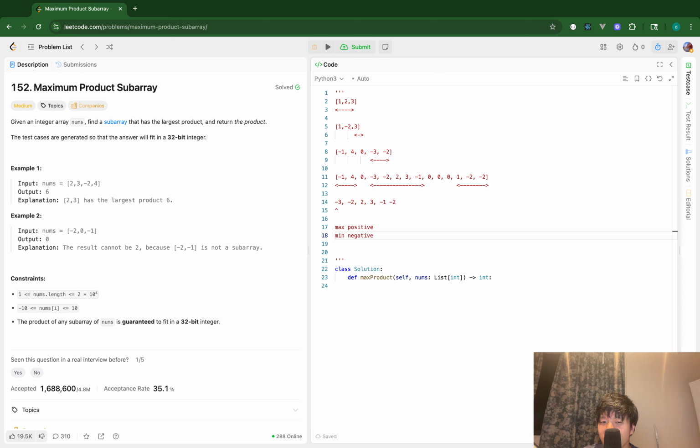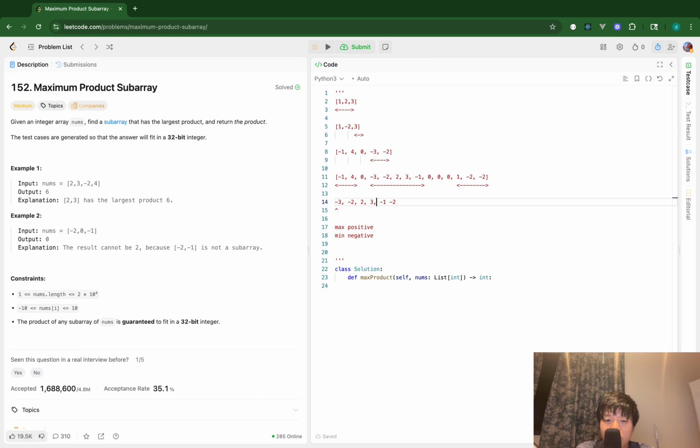It definitely becomes the biggest number. And if I have one positive number, then I should multiply it by the max positive number. In that way, I can get the maximum product.